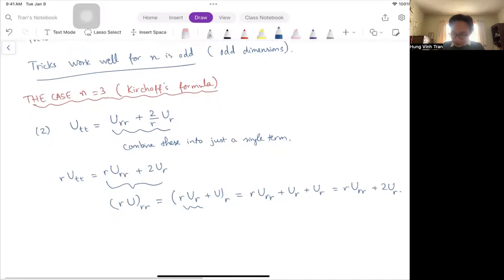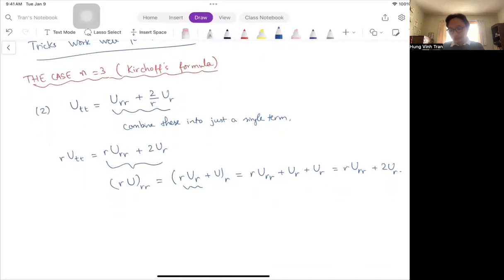And hence this really already gives the key. Define u tilde, which again depends on x, as I said from the beginning, but I'm fixing x. I define u tilde of r,t to be r times u of r,t.